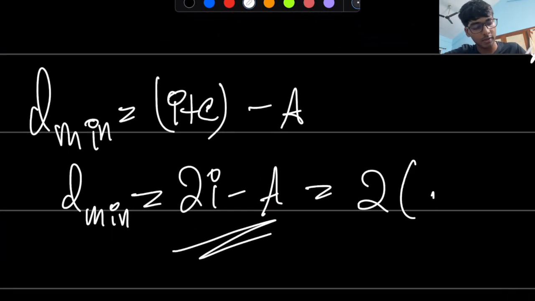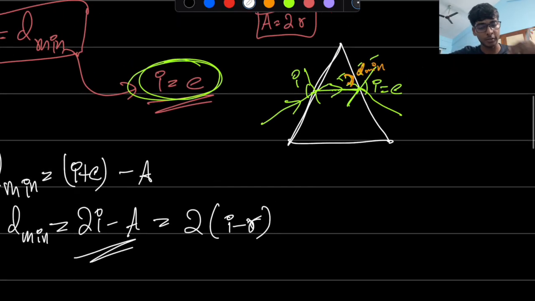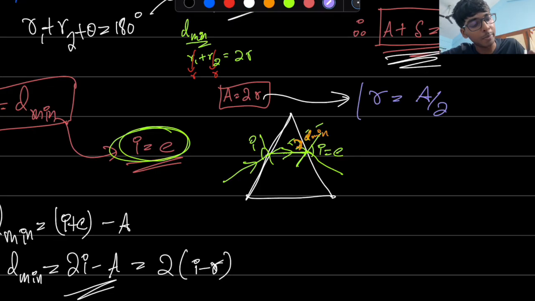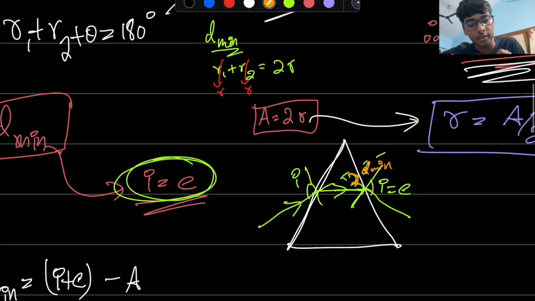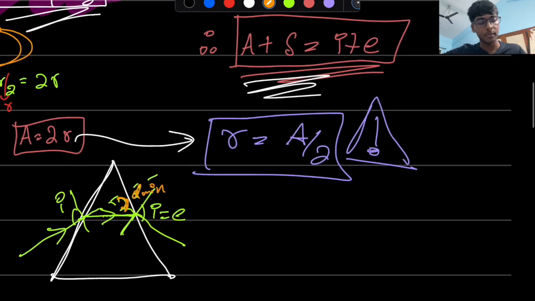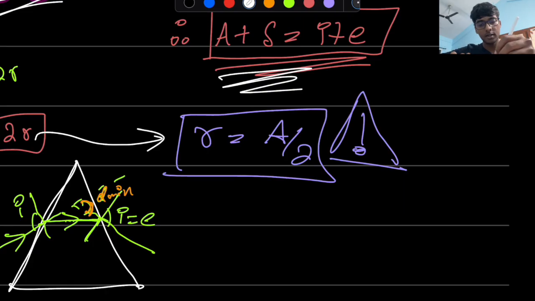So if you plug it in here, you'll get twice of I minus R. It's something that you need to know, but this is not the main result here. Alright, so from here we can understand that R will be equal to A by 2. Now this is something that's important. We are still talking about the case for d minimum, please bear that in mind. We are going to be continuing this.